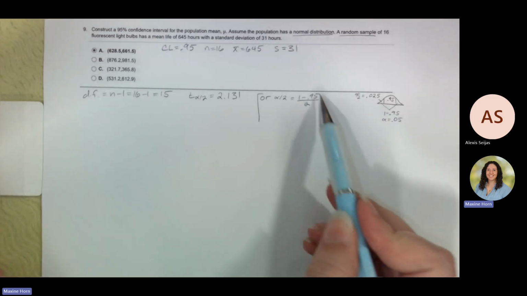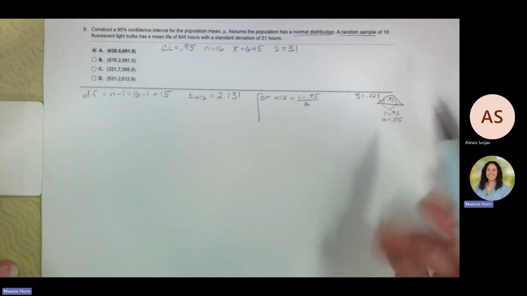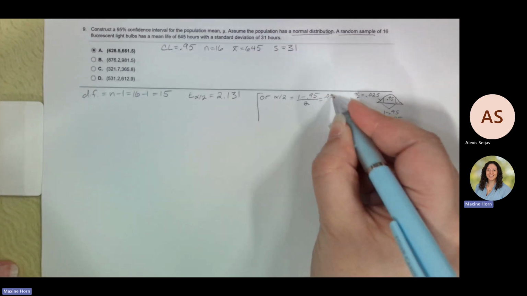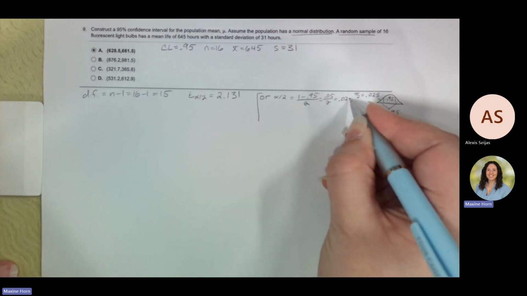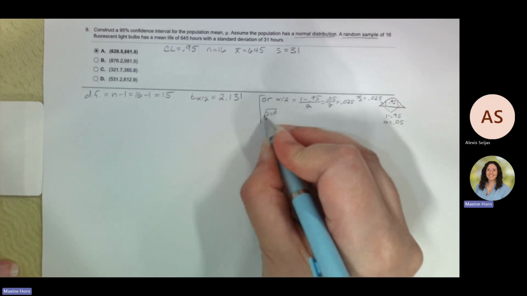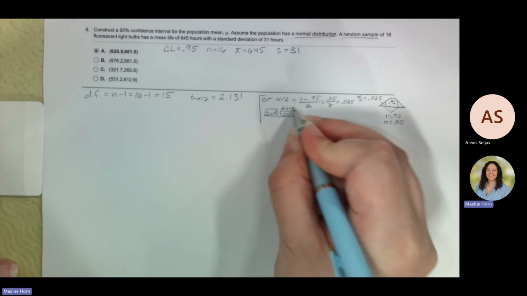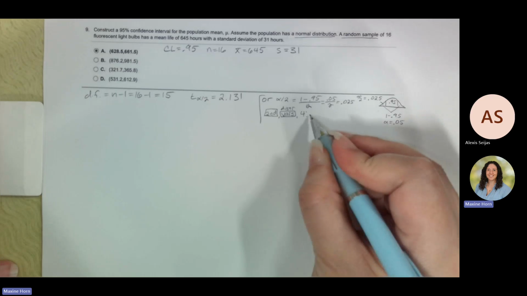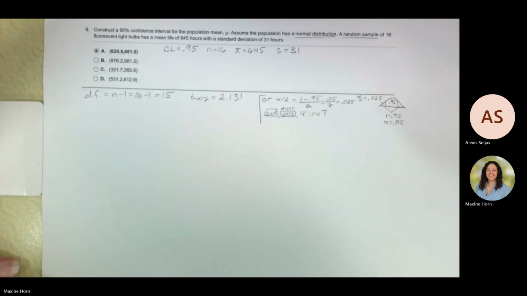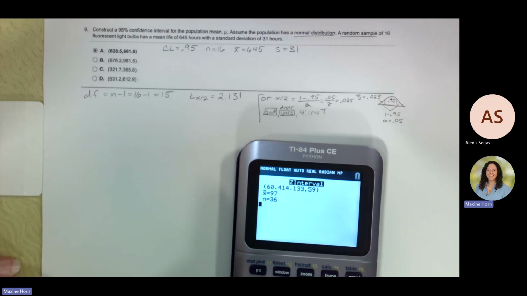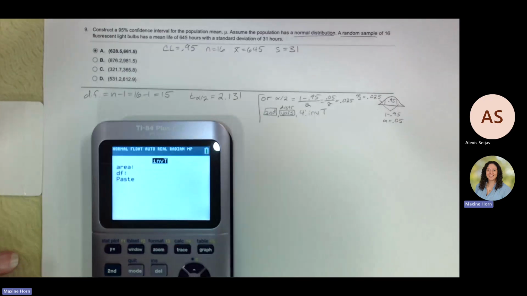Like I said, don't feel like you have to memorize this formula. Just remember what's going on. 0.05 divided by 2 is 0.025, so alpha halves is 0.025. So we go second vars, DISTR, and then instead of 3, we go to 4, inverse T. The area that you give it has to be the area to the left.